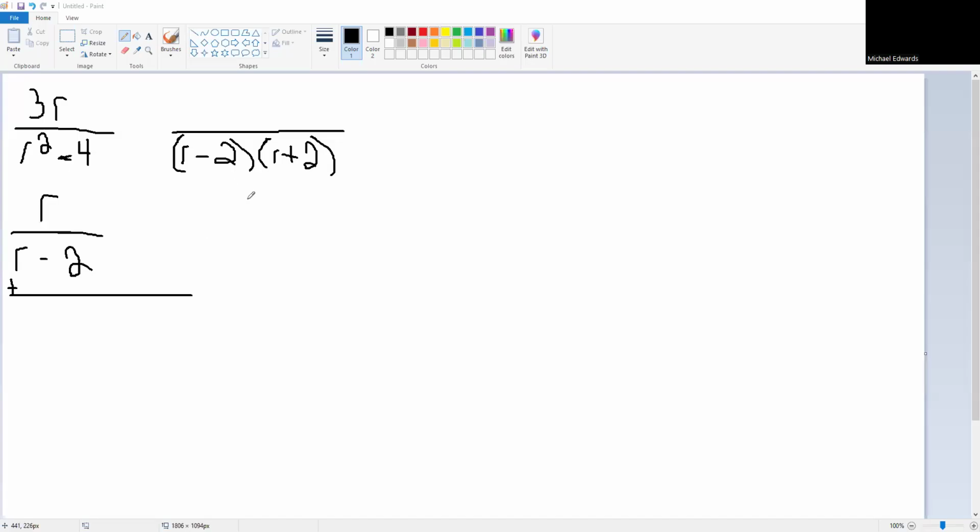Okay, so what did this take to make this happen? This took nothing, so we'll multiply by 1. To make this one do like this one, though, we would have to multiply by r plus 2. And this would be r plus 2 also.